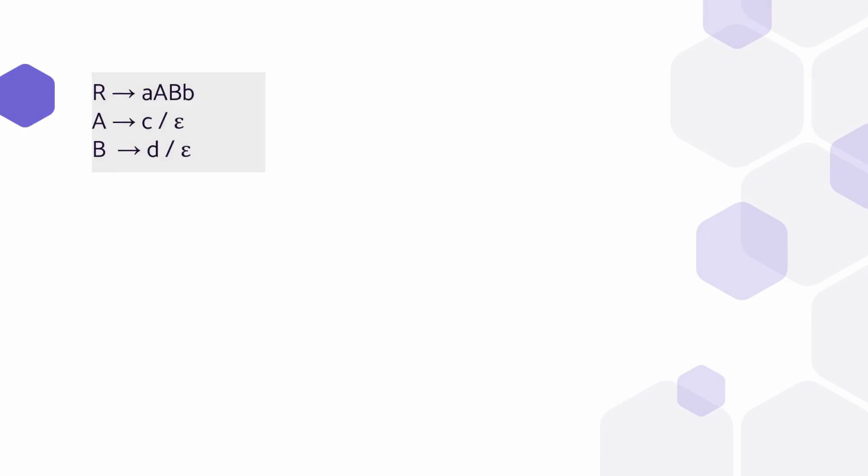Now let's find the follow of R, A and B. Okay. So here you can see that R is not present here. So we won't be able to find the follow of R. But we will be able to find the follow of A. Okay. So you can see that A is present here. But on the right hand side again, it is not a terminal. That's why what we will do is we will find the first of B. So what is the first of B?